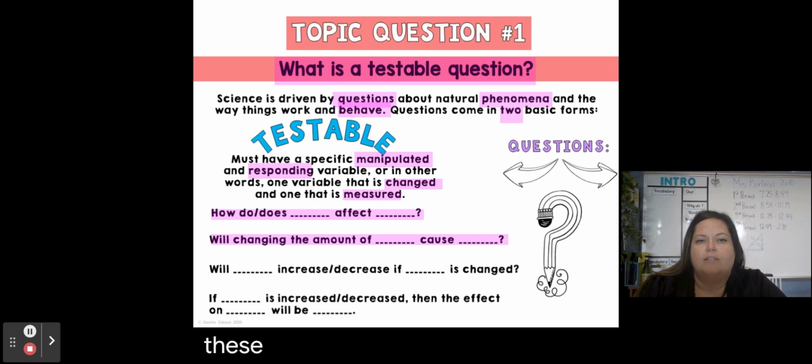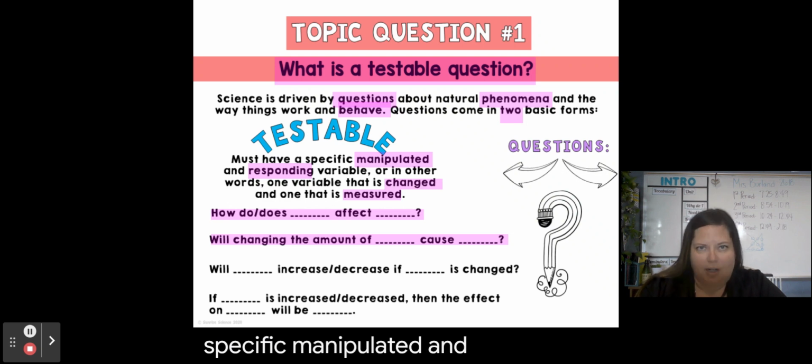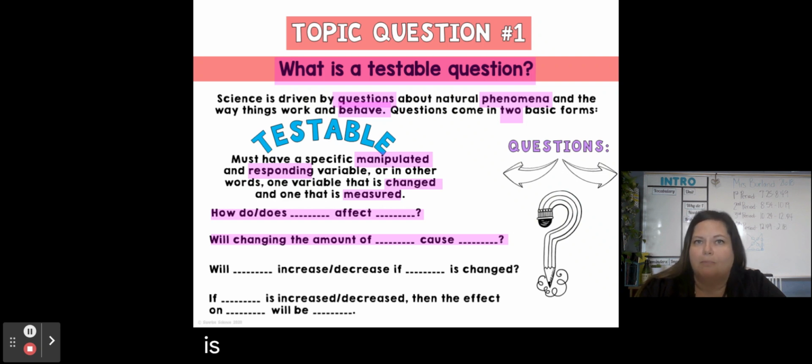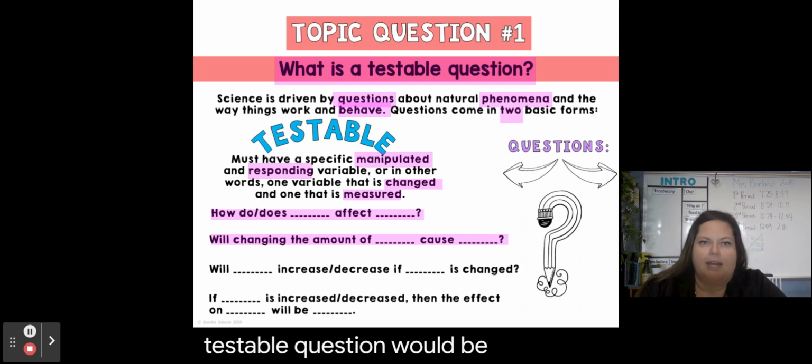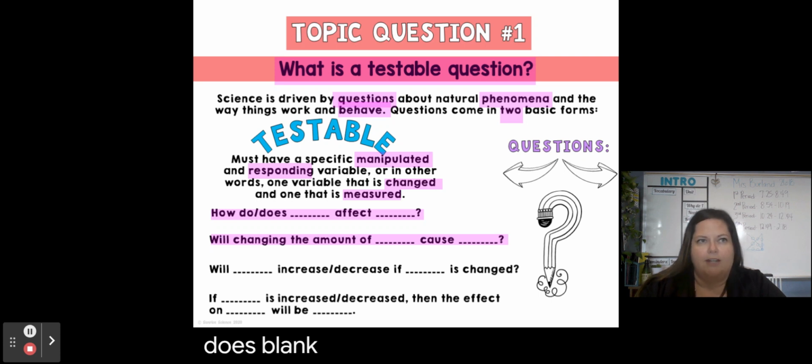These testable questions have a specific manipulated and responding variable, or in other words, one variable that is changed and one variable that is measured. I've got some examples here. I only want you to write down 2 of them. Pick the 2 shortest ones. An example of a testable question would be, how does blank affect blank?